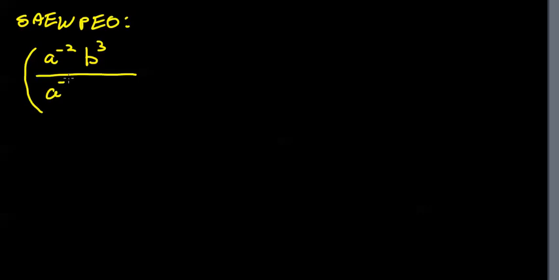Downstairs, a to the minus 3 power times b to the minus 4 power times b to the 8th power, and that entire mess raised to a negative exponent. Now don't panic. These aren't too bad as long as you maintain some good housekeeping skills. What would be the path of least ink to deal with here?